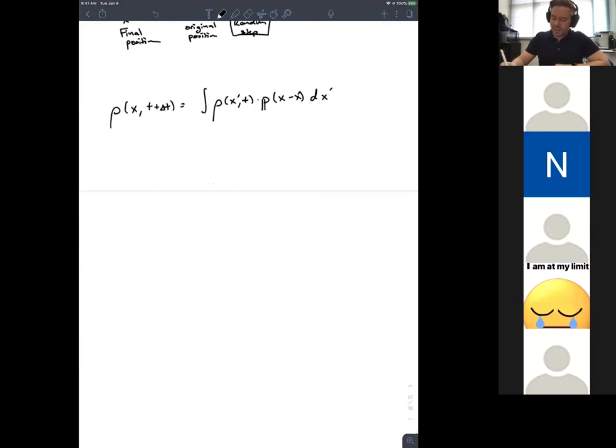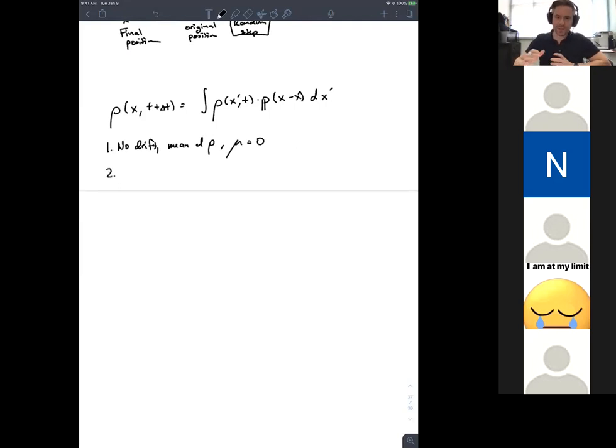Now we made a few assumptions. We assumed that there was no drift, and that the mean of this distribution, or essentially the center of our probability distribution, so the mean of rho, which we would call mu, is at x equals 0.